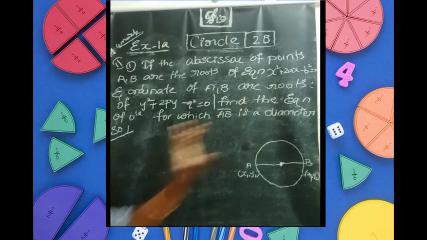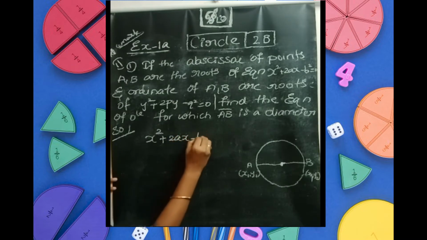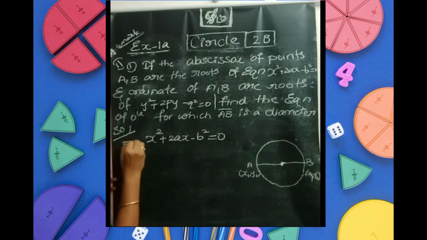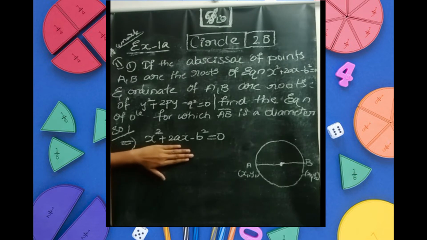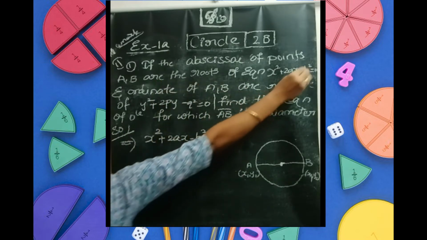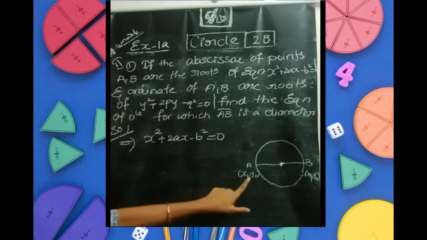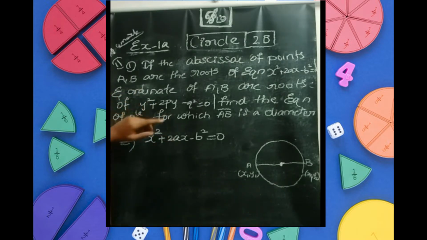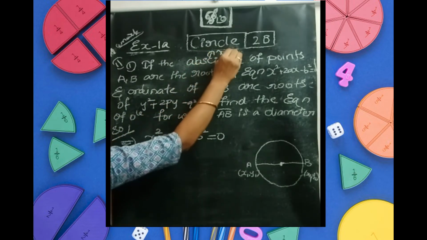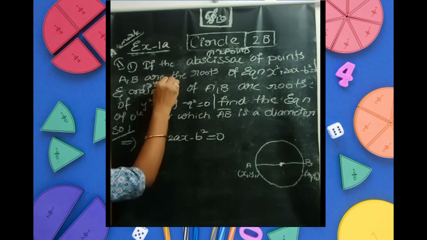They have given one equation, that is x square plus 2ax minus b square equals 0. For that, the roots are the abscissae of the points. Next, ordinate means y1, y2. Y points are the ordinates and x points are the abscissae.